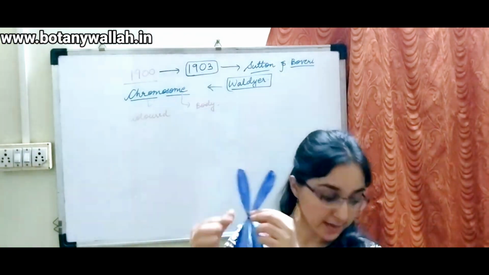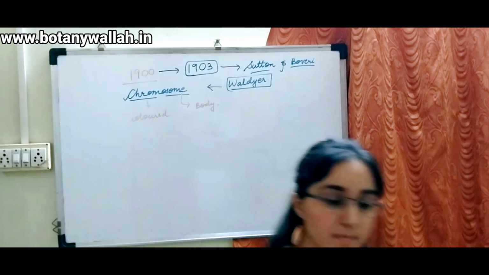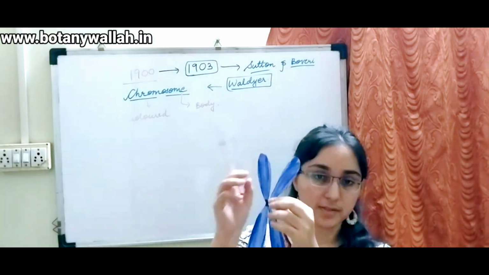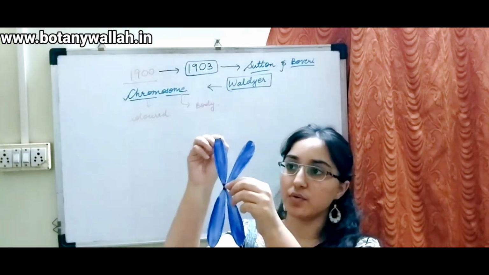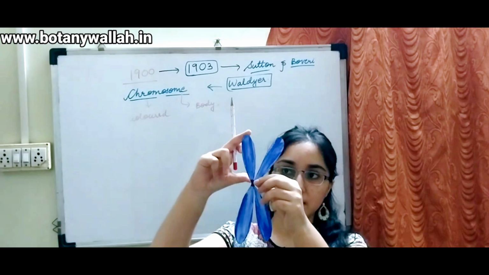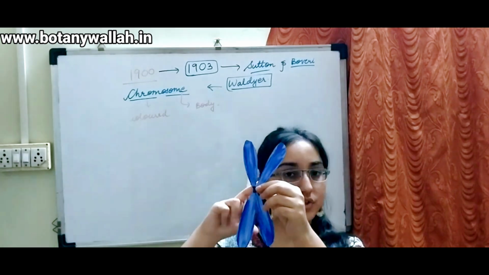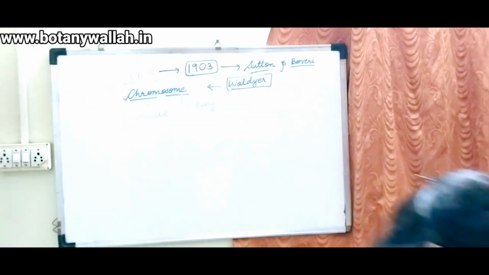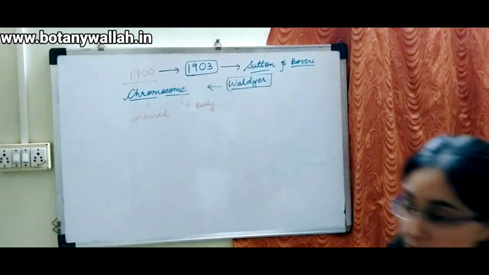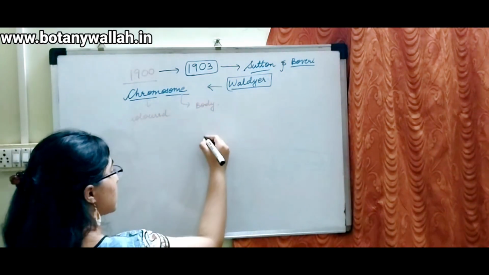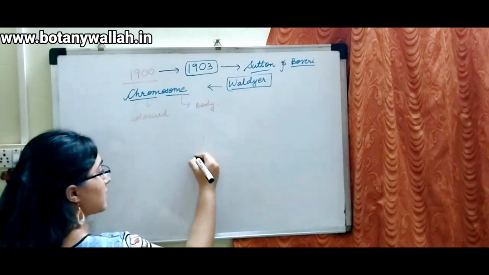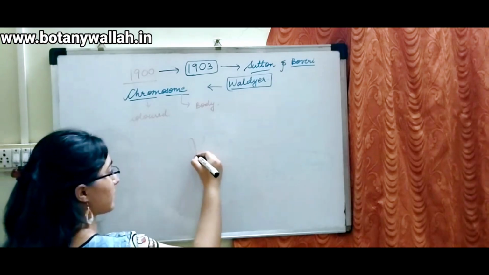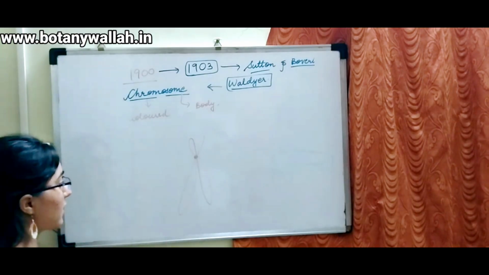You can see that the chromosome has two arms. Two arms are there, and each is again made of two strands. Let me draw it here. I will use a dark color.